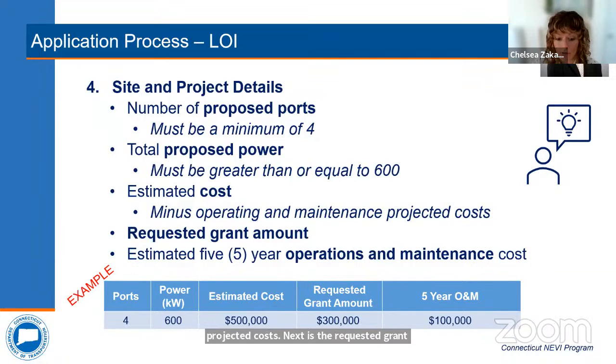This is the amount of grant funds requested to provide a fully functional EV charging location at the proposed power level with the proposed number of ports. This amount cannot be more than 80% of the estimated cost of the total project determined in the previous step, because a 20% match is required. And then finally, please include the estimated 5-year operations and maintenance cost.